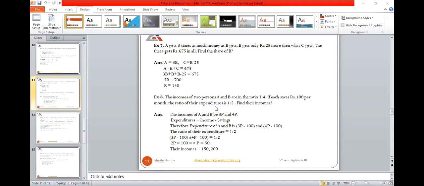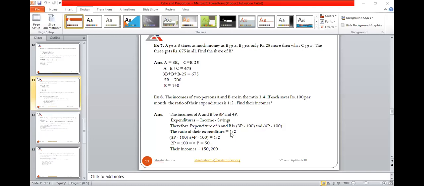The ratio of their expenditures is 1:2. Find their incomes. First of all, expenditure is equal to income minus saving. So expenditure of A and B क्या होगी? 3P minus 100 and 4P minus 100, because 3P is the income and saving is rupees 100. Similarly, expenditure of B will be 4P minus 100.